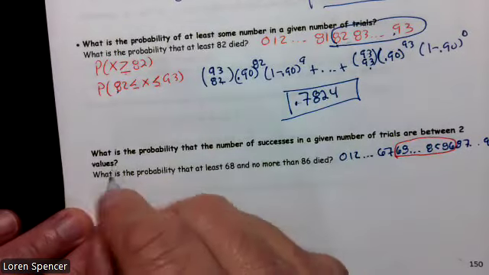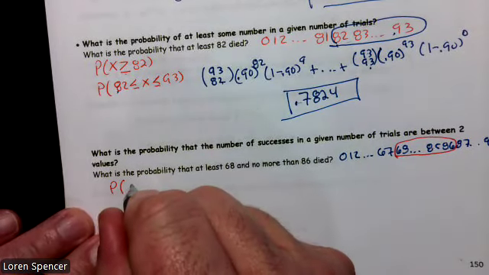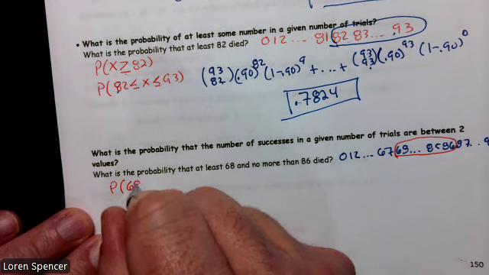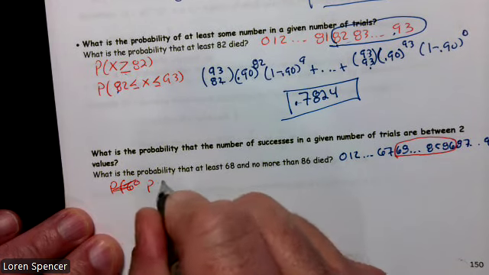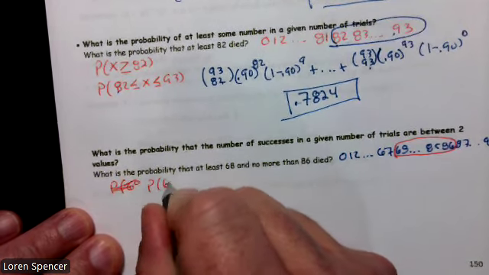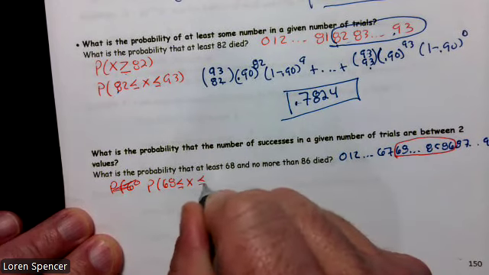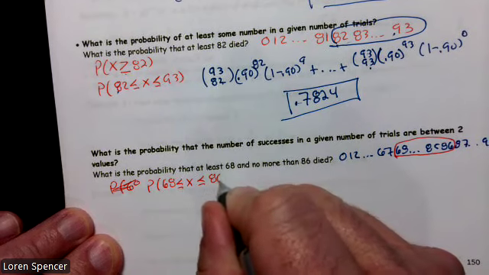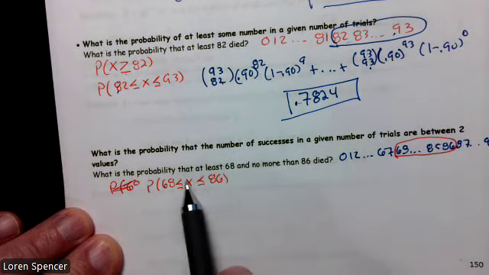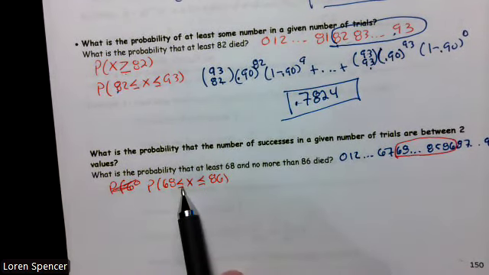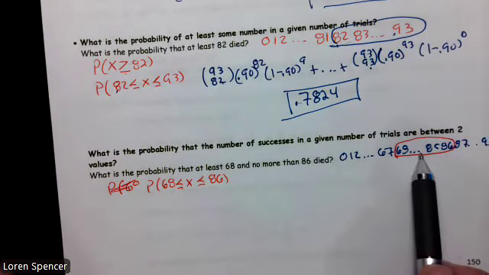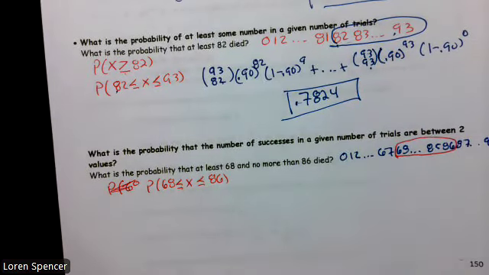So the probability that 68 is less than or equal to X is less than or equal to 86. Please note your probability statement comes straight off of your graph, your number line.